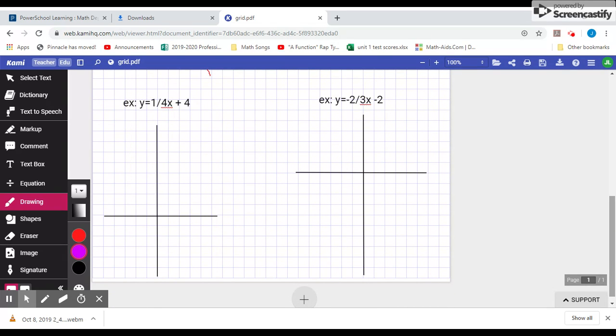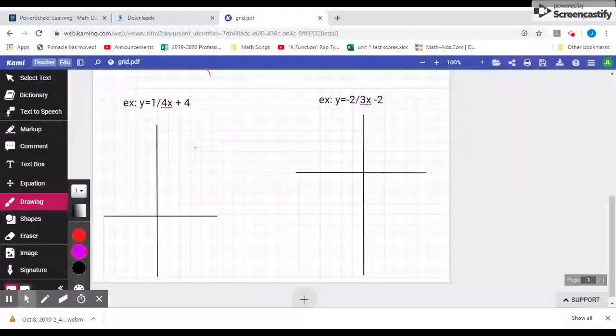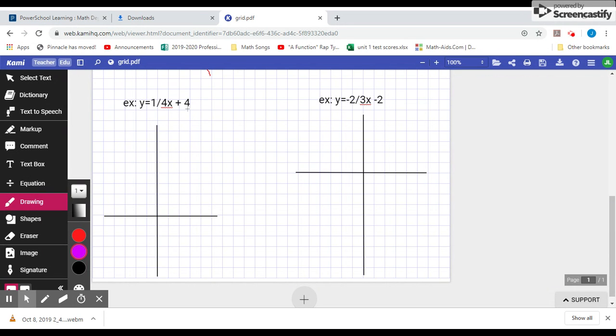Step 1 of this left example is to plot our y-intercept, which in this example is 4. So I'm going to count up 4 spots, 1, 2, 3, 4, and draw a dot on the y-axis at positive 4. So we know we have at least 1 point.